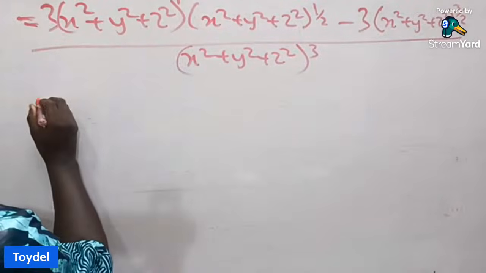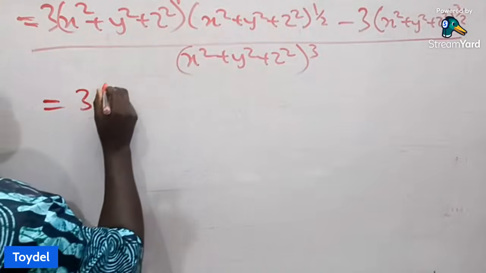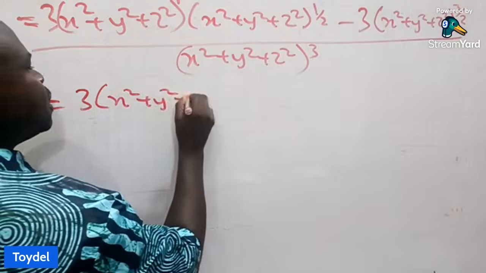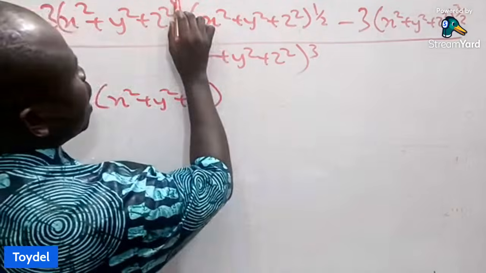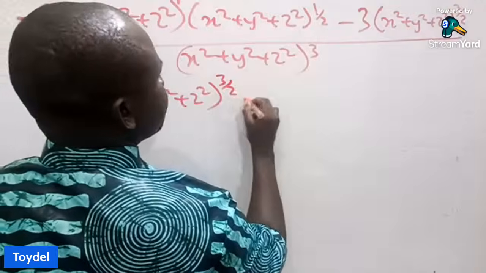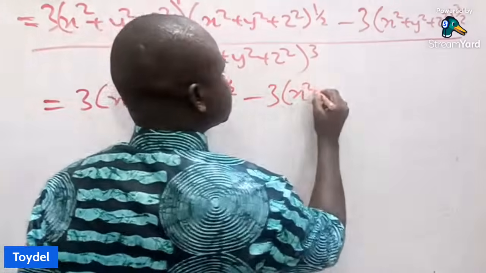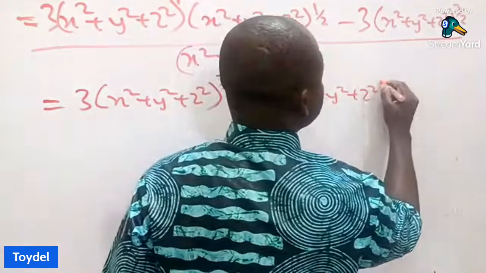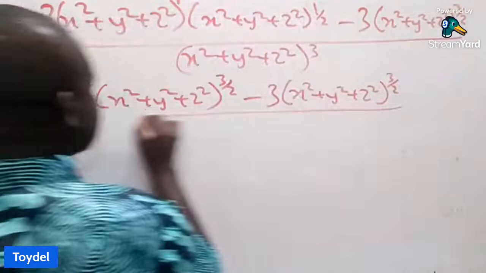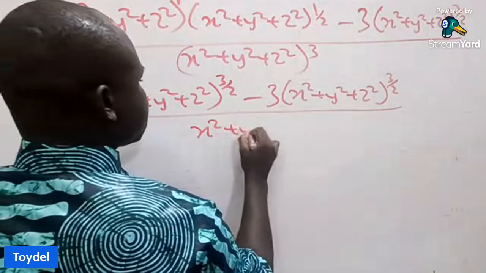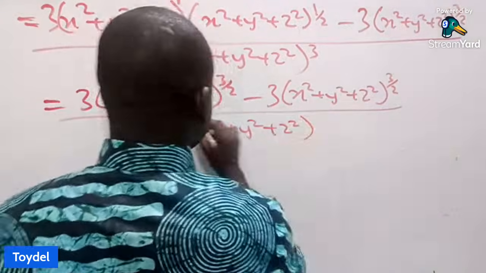So if you add everything together, we are going to have 3 into brackets x squared plus y squared plus z squared, 1 plus half, that will be 3 over 2, minus 3 into brackets x squared plus y squared plus z squared raised by 3 over 2, everything all over x squared plus y squared plus z squared raised by 3.